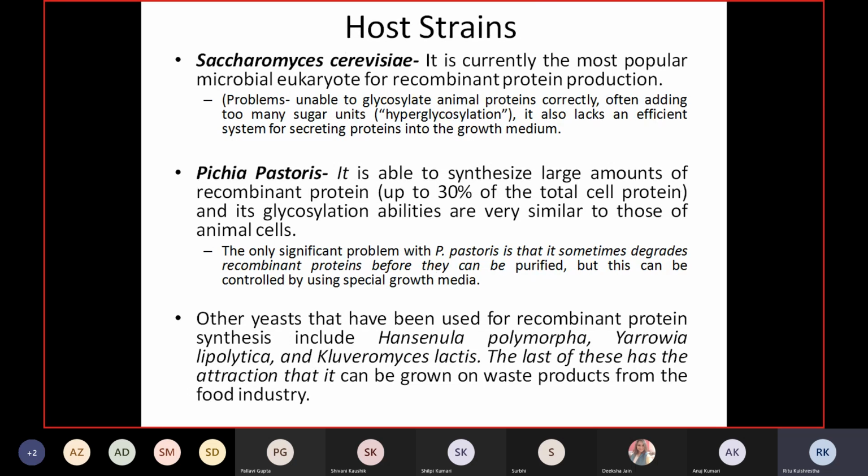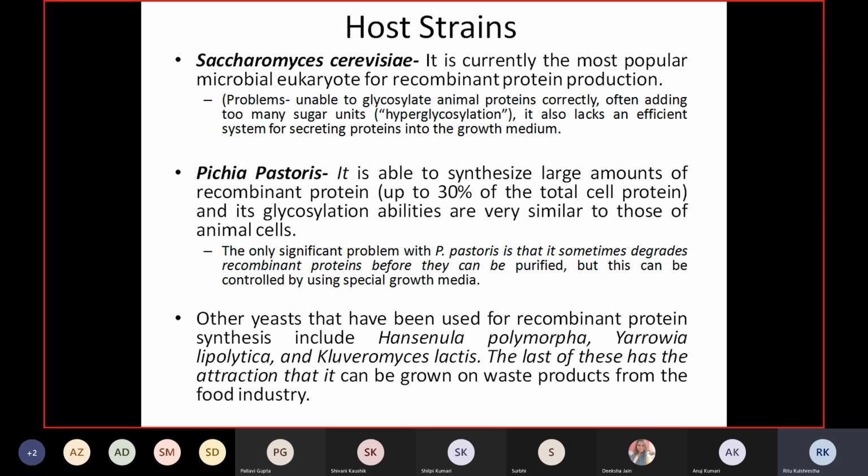coli, so very easy to maintain and very fast growing. Similarly for S. cerevisiae, it is comparatively a very easy strain to work with, and second point is that, like E. coli, even its genome is completely sequenced.